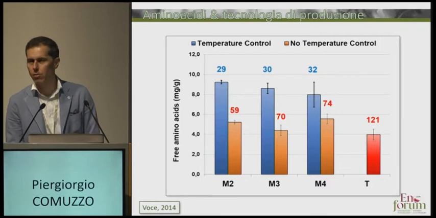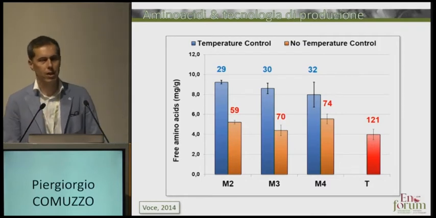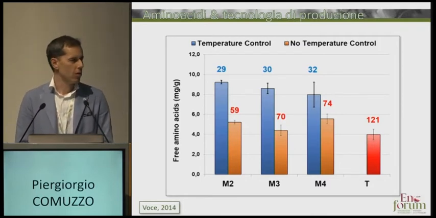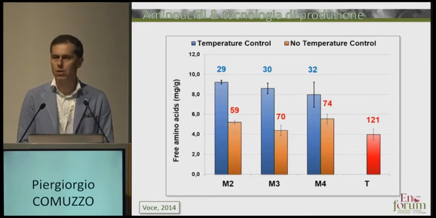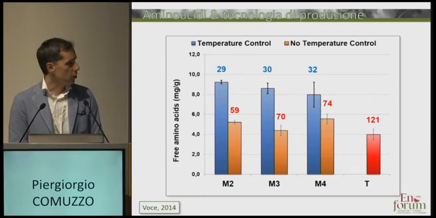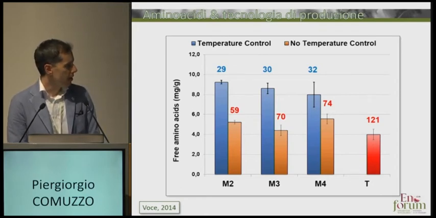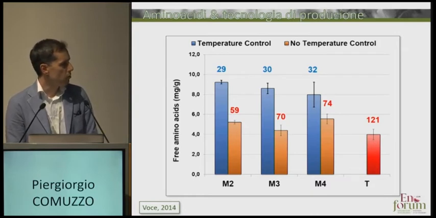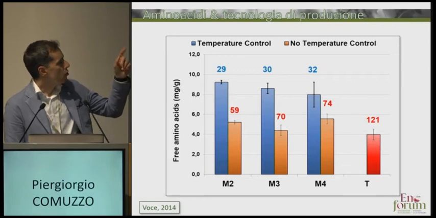In this case as well, the process temperature has a very important effect on amino acids, because at high temperatures these are degraded and there is the Maillard reaction, a reaction with sugars, with carbohydrates. Here we have 3 derivatives that are obtained mechanically, M2, M3, M4, and then we have a thermolysate.